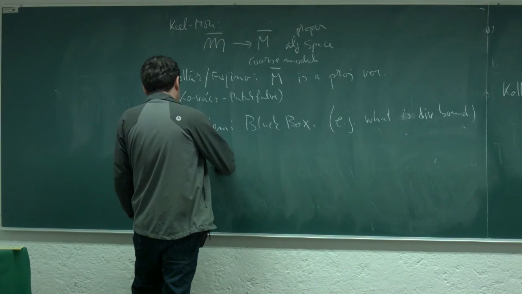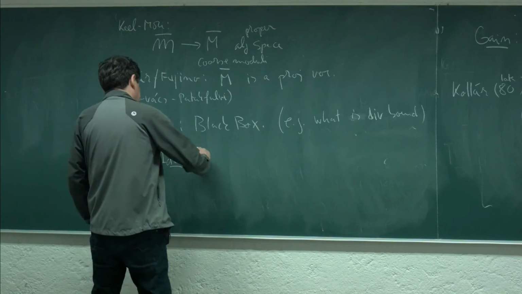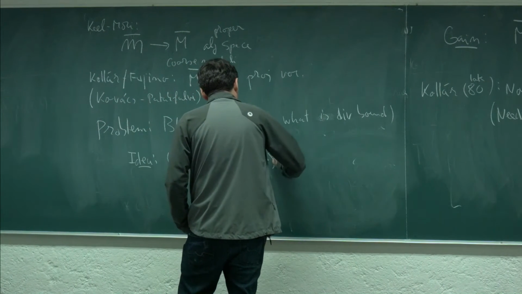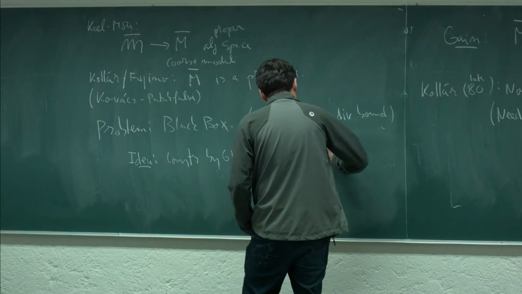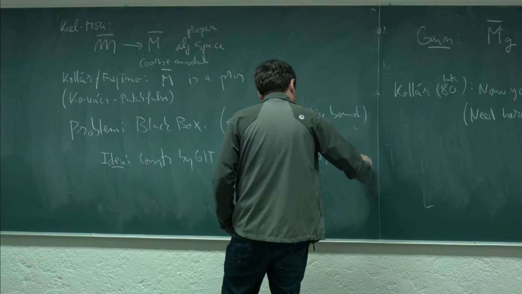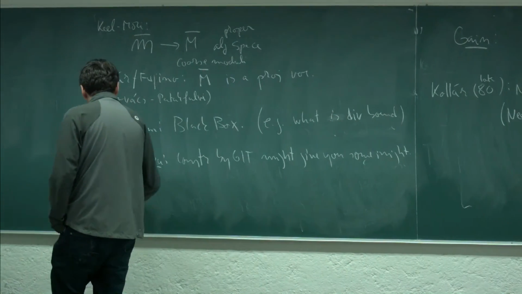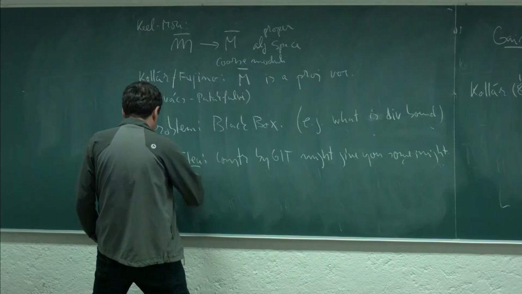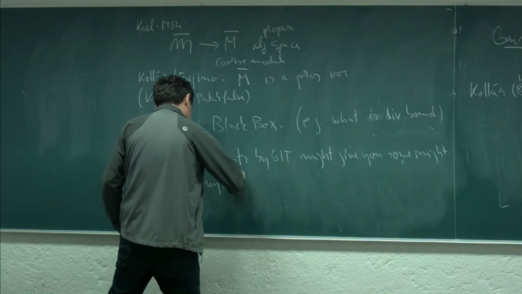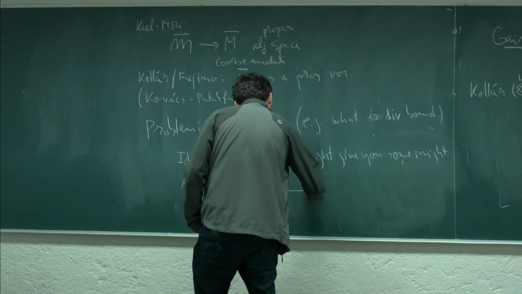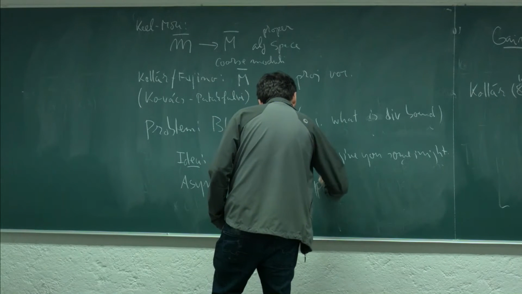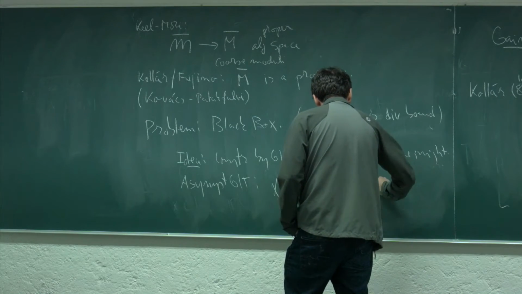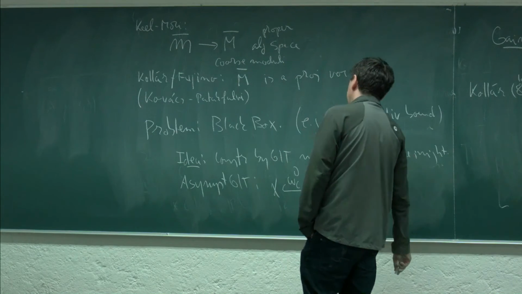So one idea is that construction by GIT might give you some insight. Here you need to use asymptotic GIT, meaning that you embed X by a big power of the canonical bundle and try to do the same thing as for curves.